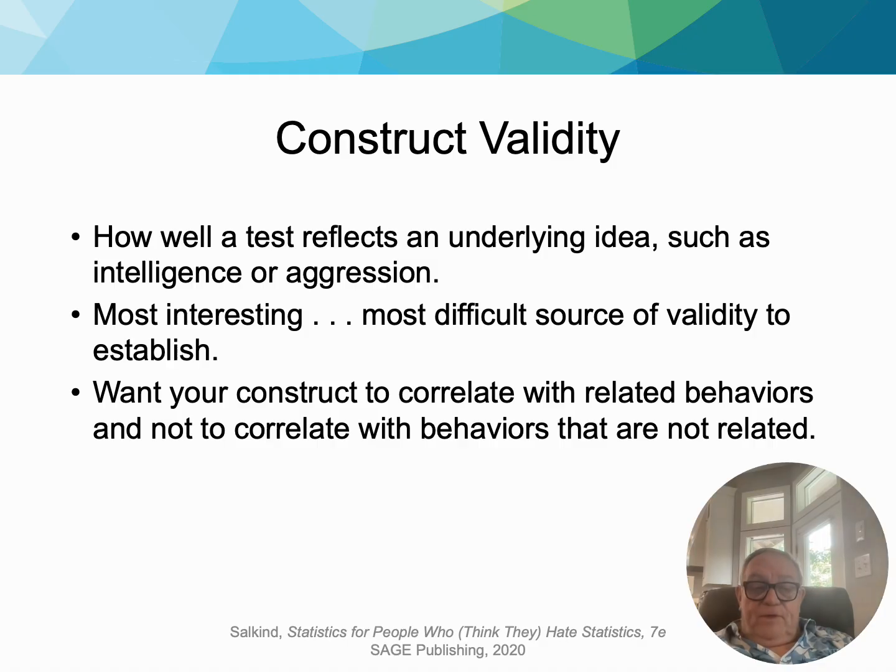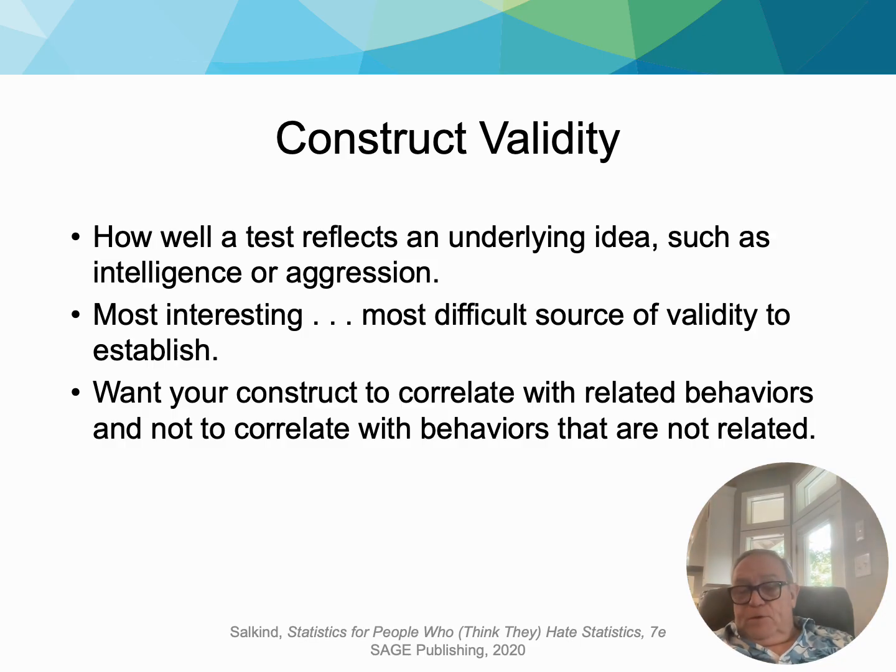Construct validity is how well a test reflects an underlying idea such as intelligence or aggression. Most interesting, most difficult source of validity to establish. You want your construct to correlate with related behaviors and not to correlate with behaviors that are not related.